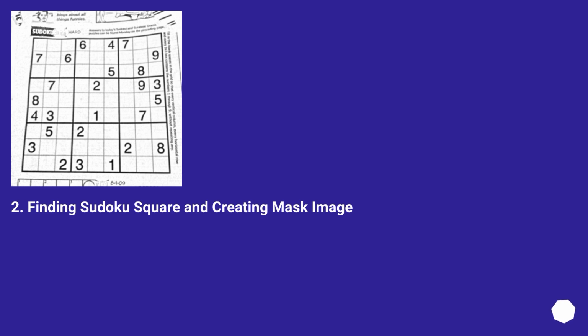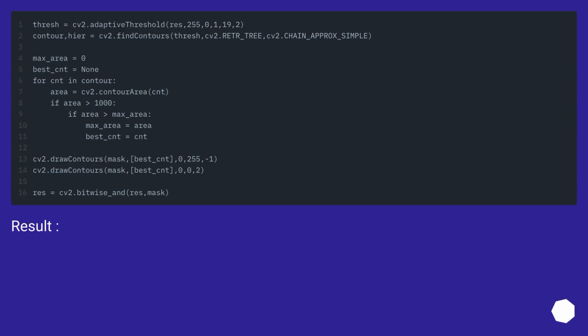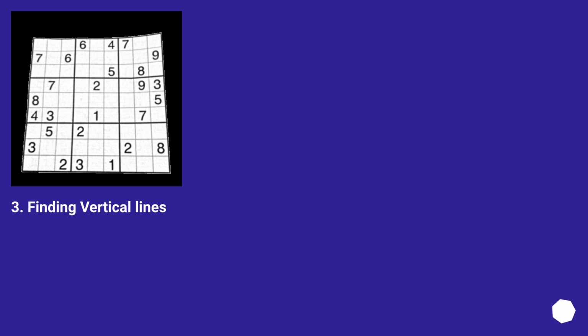Finding the Sudoku square and creating the mask image. Result. Three. Finding vertical lines.